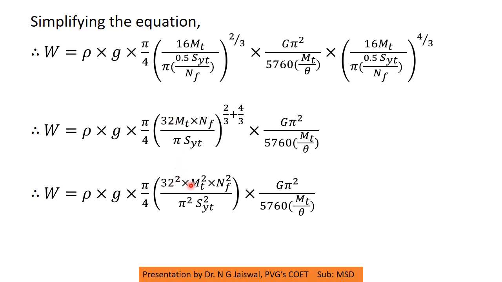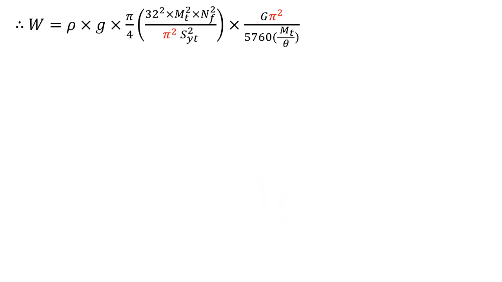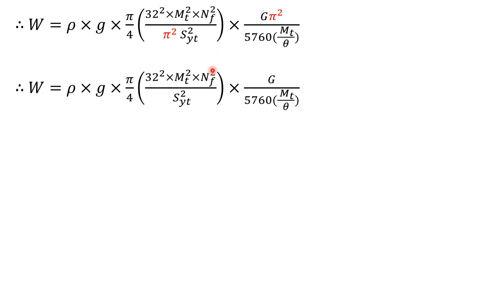That's why squared is done. 32 square Mt square into nf square divided by pi square SYT square, into this term as it is, G pi square divided by 5760 Mt by theta. So pi square you can cancel. Remaining is again, after cancelling pi square, this term.